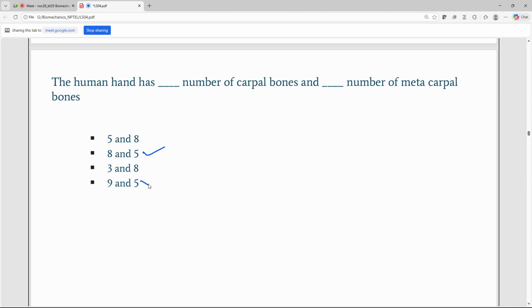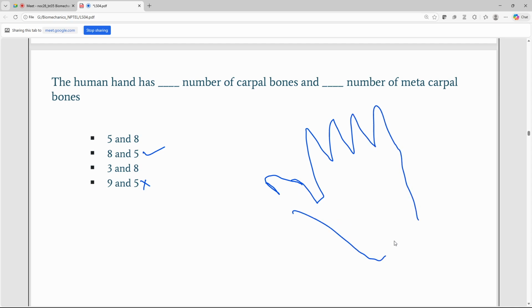And you can easily eliminate the other options from the question. Also, if you are finding it difficult, you can remember it like this. This is the hand. So here are the carpal bones, then metacarpals, then phalanges. So it's actually in order.